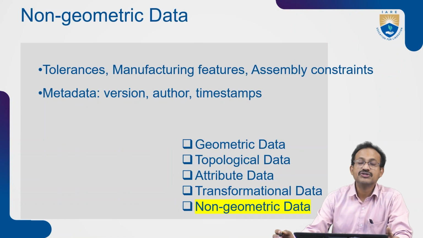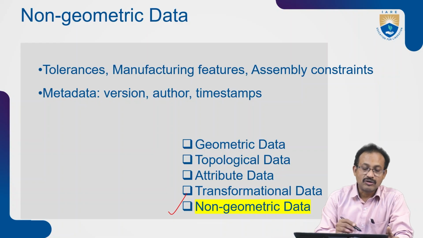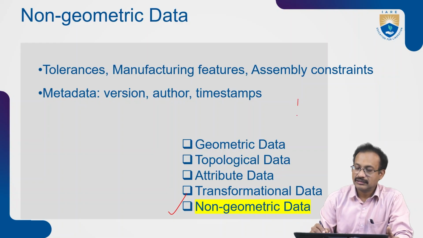Next, last one, non-geometric data. Non-geometric data means tolerances, manufacturing features, assembly constraints. Tolerance means here, let us say the length of one side is 10.